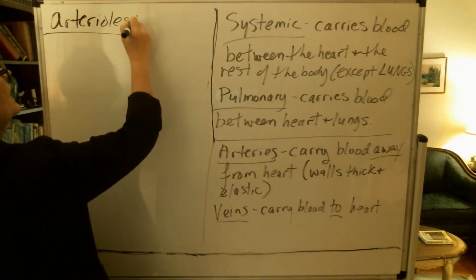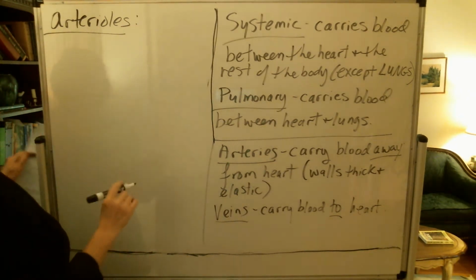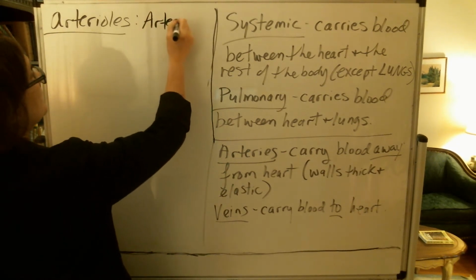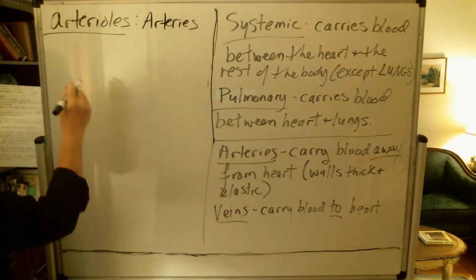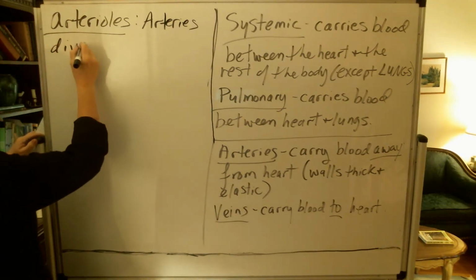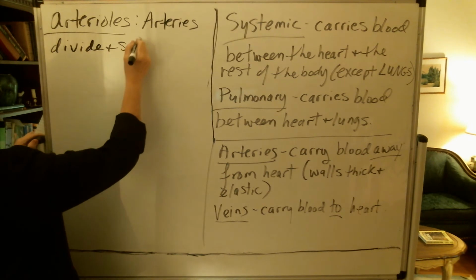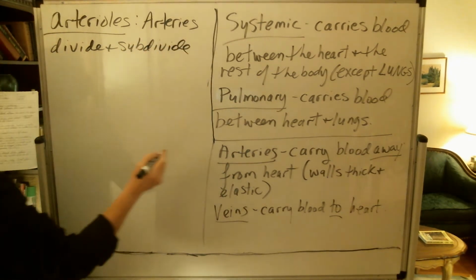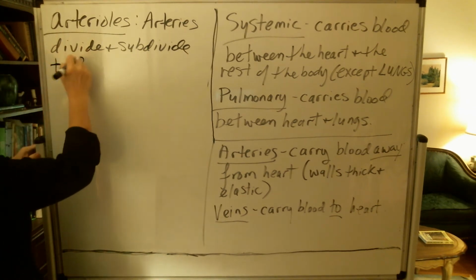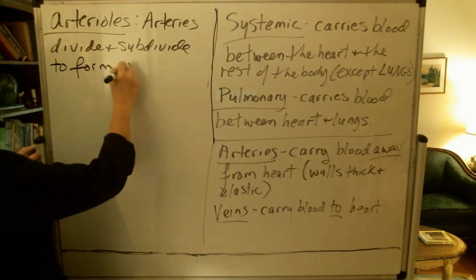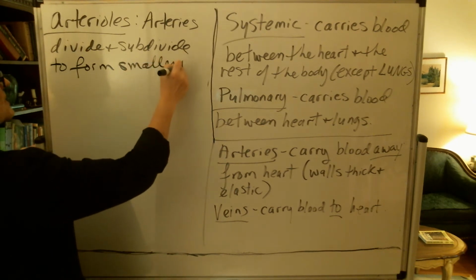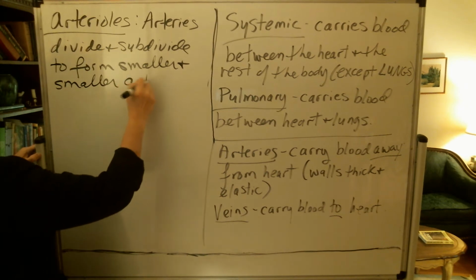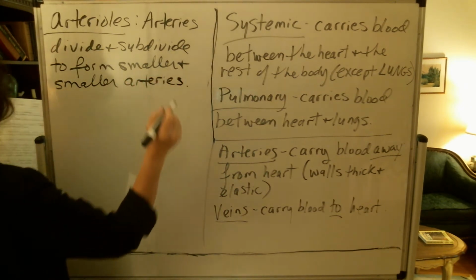arterioles. So what happens is that you have big arteries, like the aorta, for instance, but then the arteries divide and subdivide to form smaller and smaller arteries.